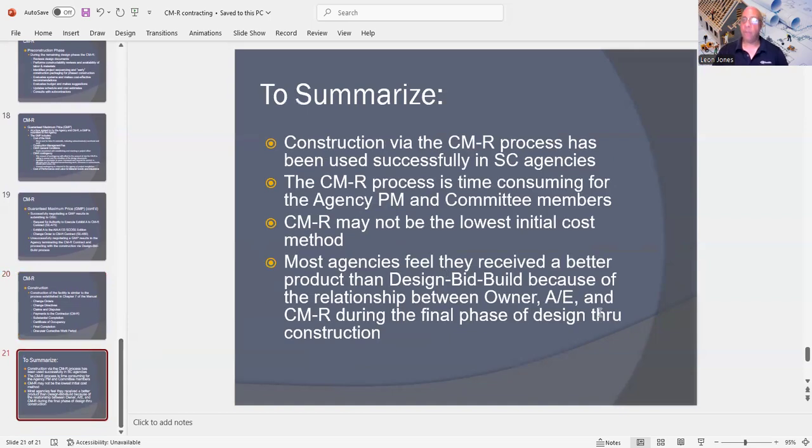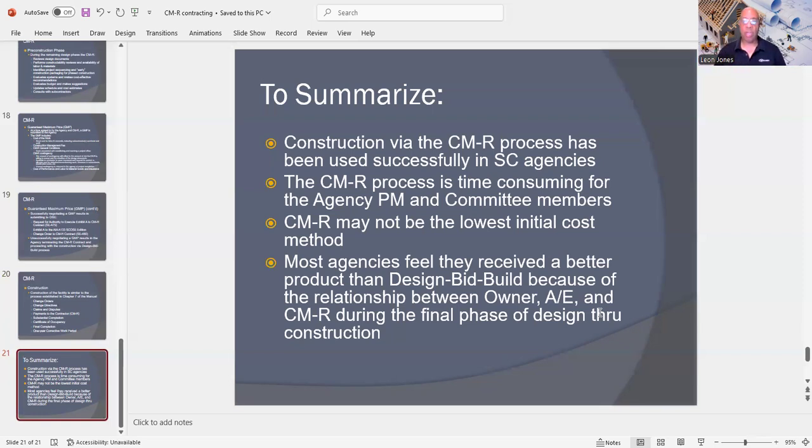Now, to summarize everything, construction via the CMAR process, because we are going to look at everything in scope here. This is the CMAR, the construction manager at risk. So basically, we sum everything up.